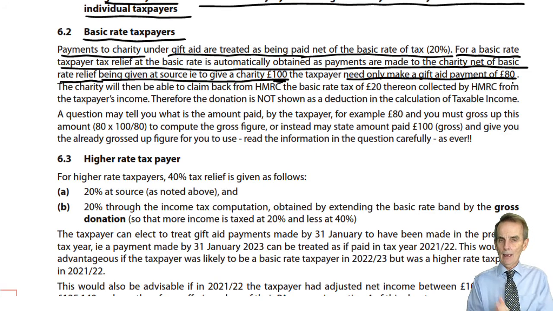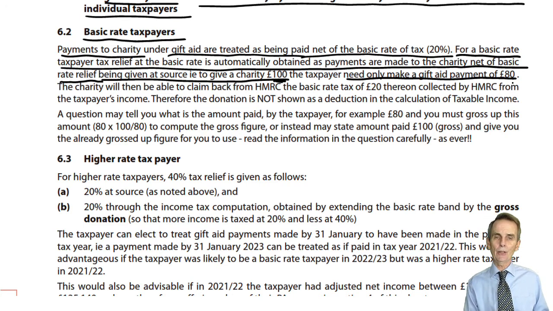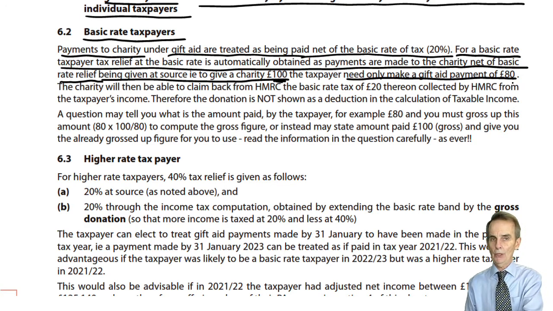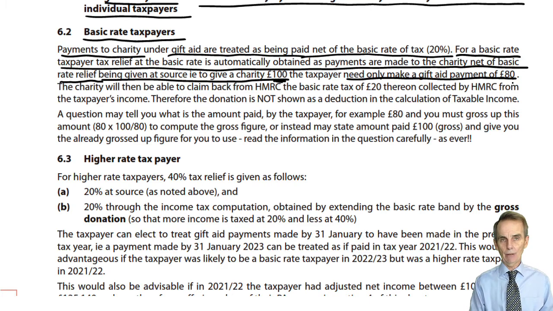HMRC know that you are a basic rate taxpayer, and they will therefore take the £20 tax that they took out of your gross income and pay that over to the charity. So you end up spending £80 and the charity gets £80 plus the £20 tax taken from you by HMRC, which HMRC then pass over to the charity.